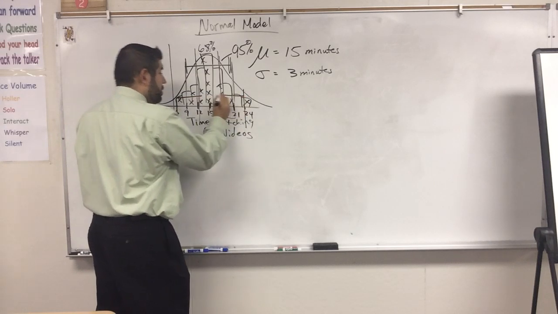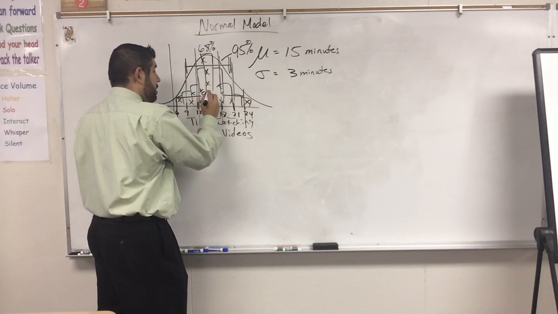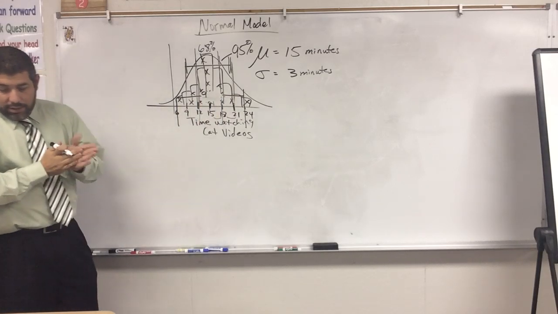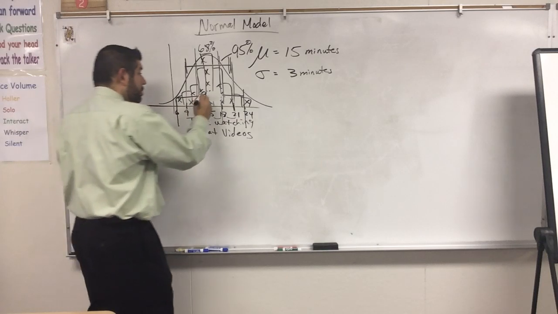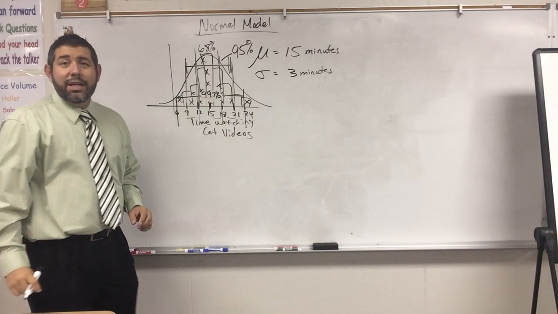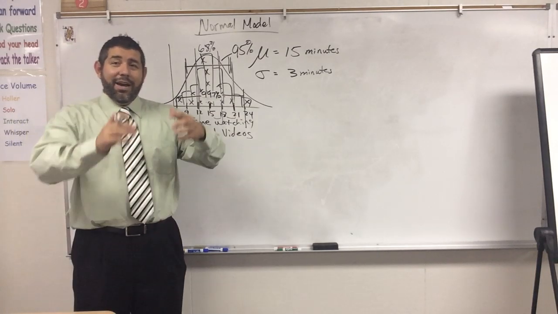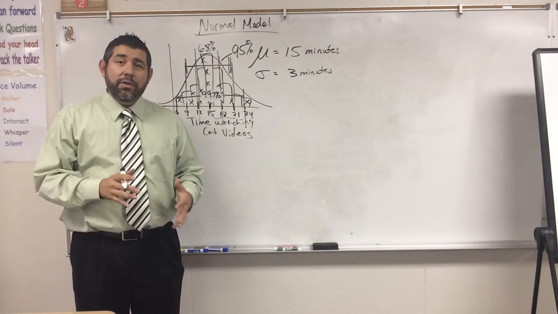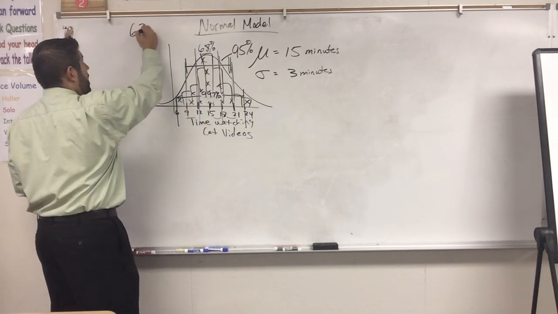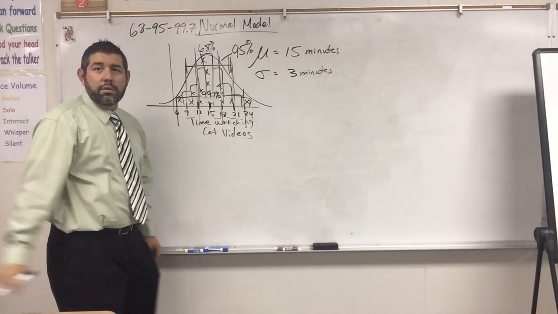This right here, between 3 standard deviations, is 99.7% of our data. 99.7% of our data exist within 3 standard deviations of the mean. Oftentimes, this is called the 68, 95, 99.7 rule.